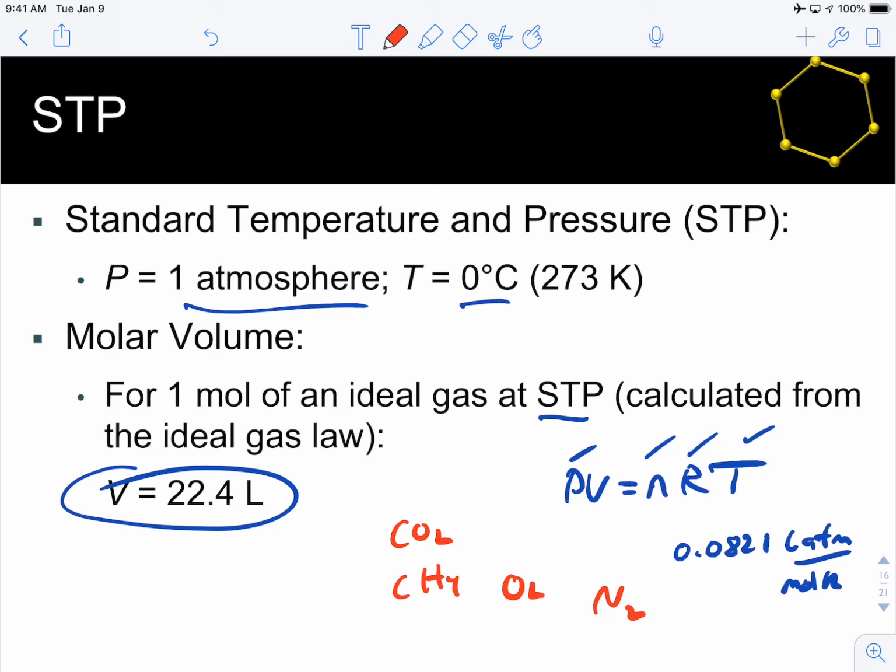The size of the gas molecule is irrelevant simply because gas is mostly space. You can take a large organic gas and still calculate the volume and come up with 22.4, compared to a small gas like hydrogen, because the gas is mostly space. And the mass of the gas and the size of the gas molecule is irrelevant.